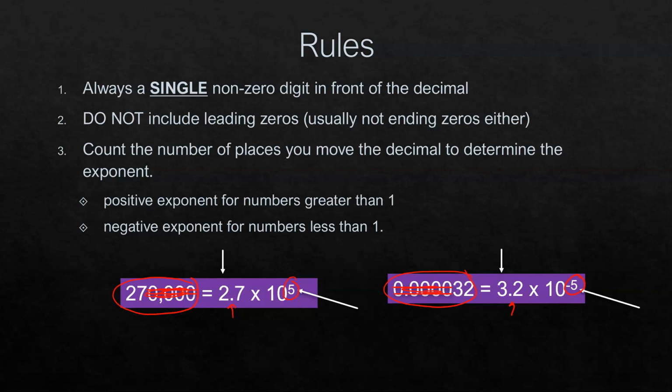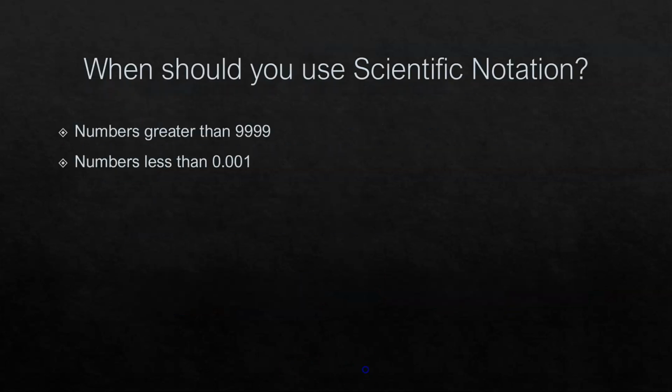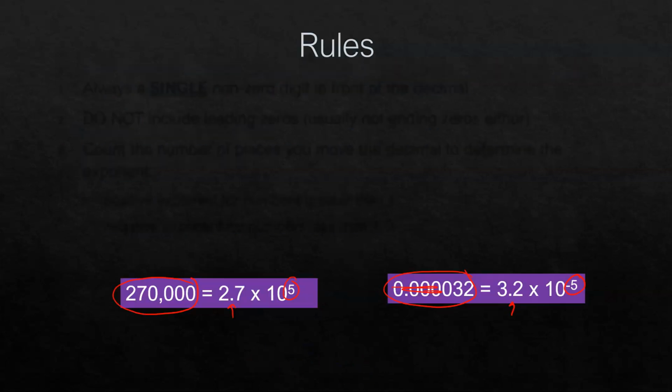So let's go back to this number 270,000, for example, right? So that can be expressed as 2.7 times 10 to the fifth, okay? So if I take this number, 270,000, and I put the decimal here, that means I moved it 1, 2, 3, 4, 5 places.